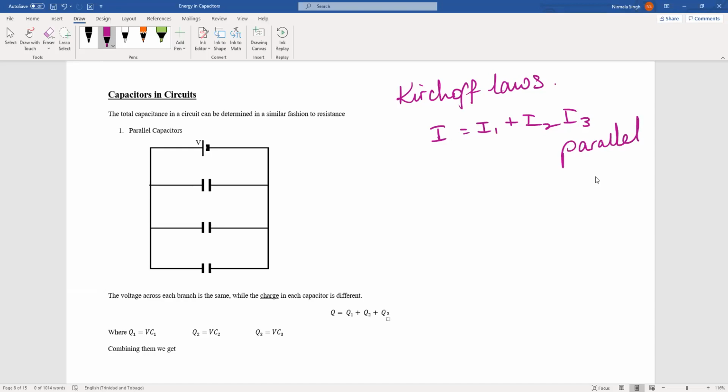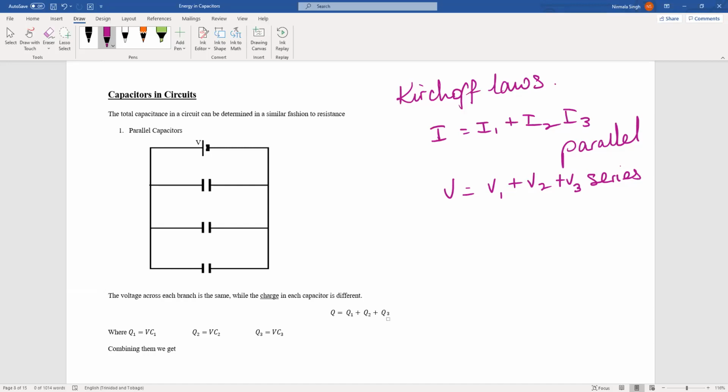And we know that V is equal to V1 plus V2 plus V3 for a series. We're just going to remember that for right now. Let's label our diagram because you all are going to do the proof for the series circuit. I'm not doing the series circuit proof.